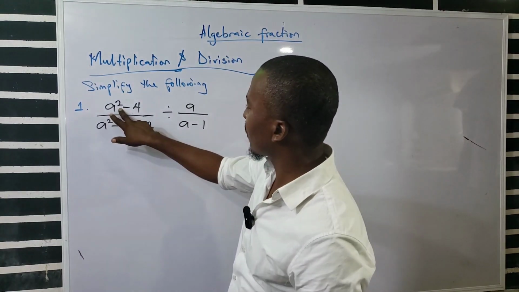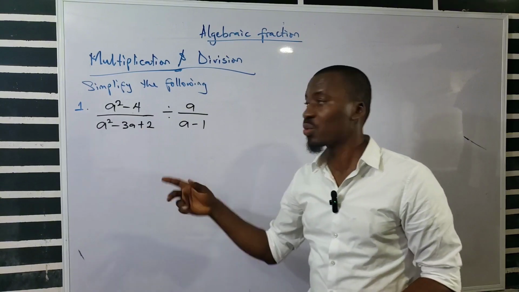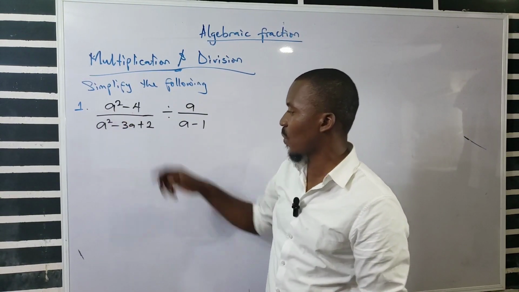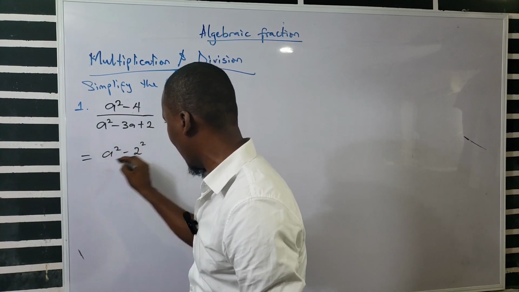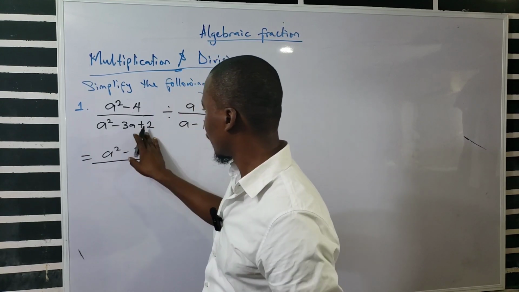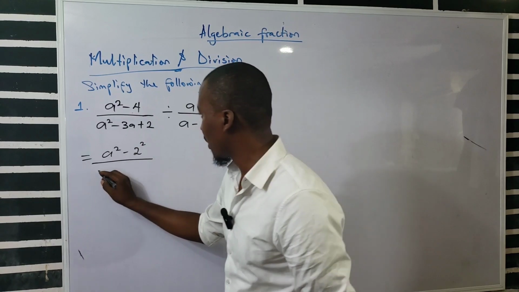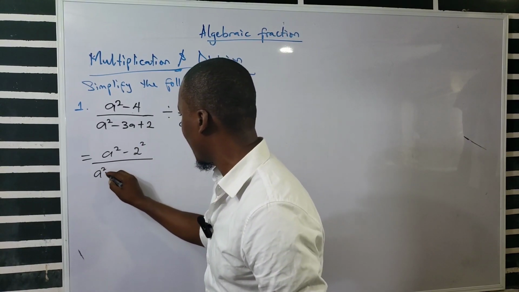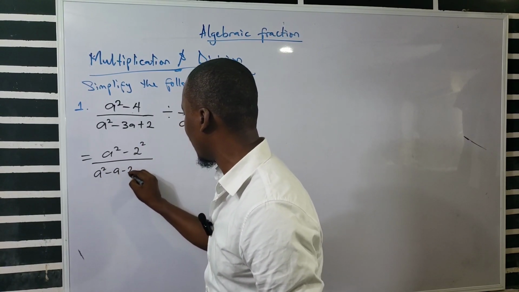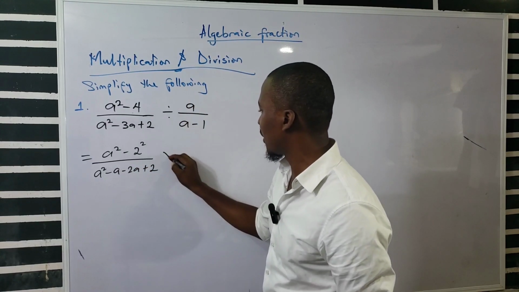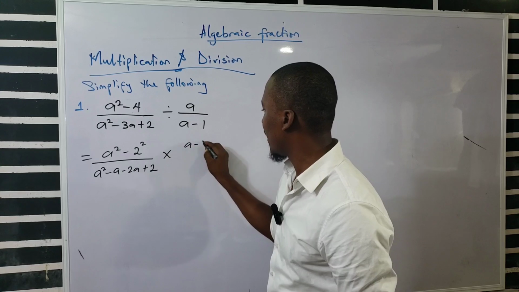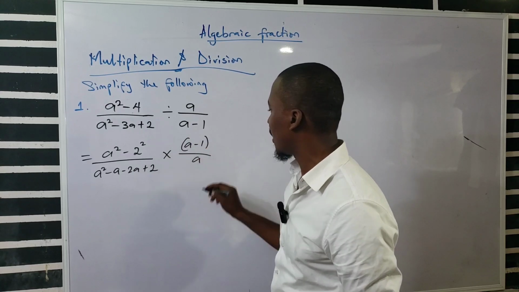Up here, difference of 2 squares, of course, you can see that this is a square, this is a square. So that will give us a square minus 2 square all over, you factorize the denominator, that will give us a square minus a minus 2a plus 2. Change this one to multiplication times a minus 1 over a.